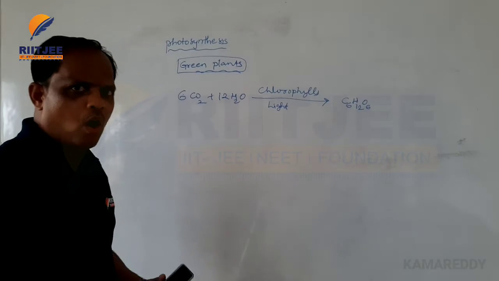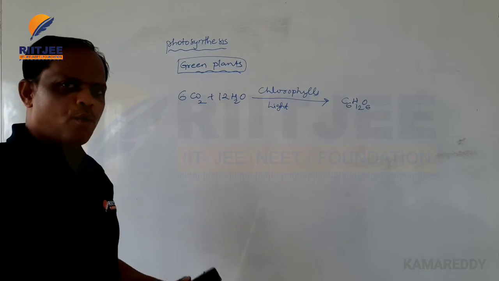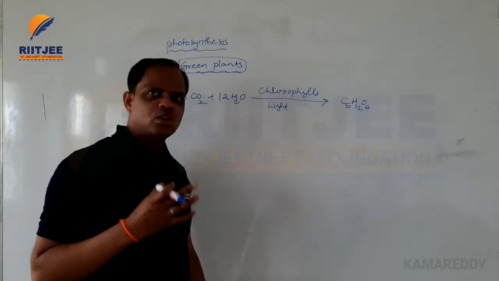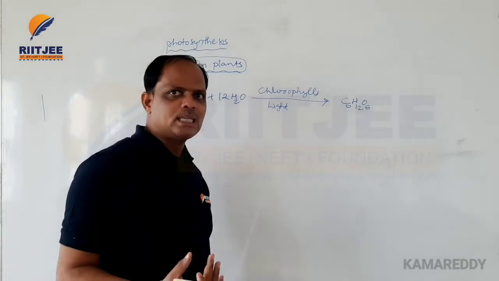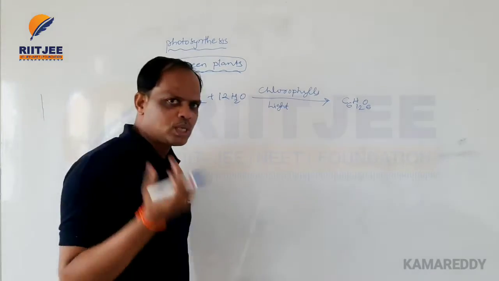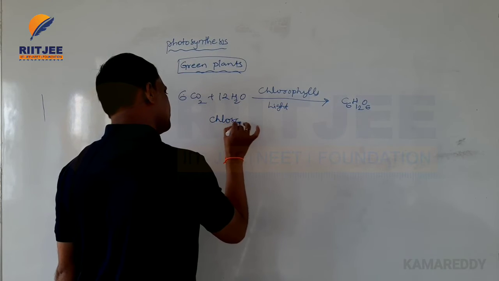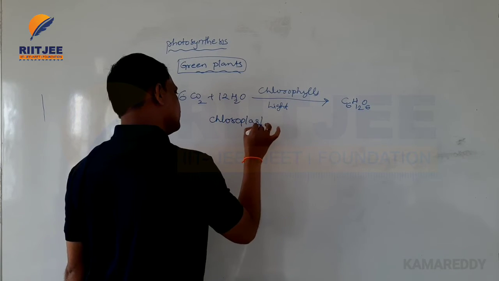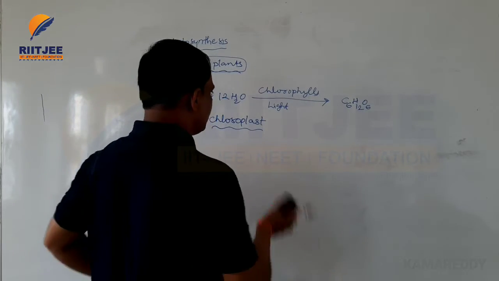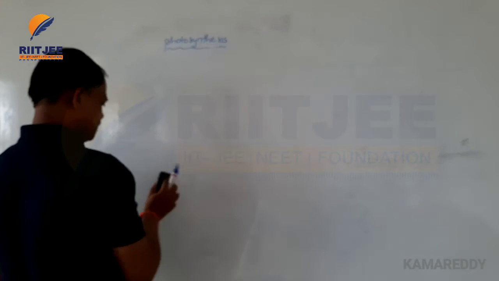Okay, so all the plants manufacture food materials, but where is the location? All the green plants contain the cell organelles that hold the manufacturing unit. Such a unit is called chloroplast. Okay, so this is the structure of a very important organelle. Now we draw the chloroplast.